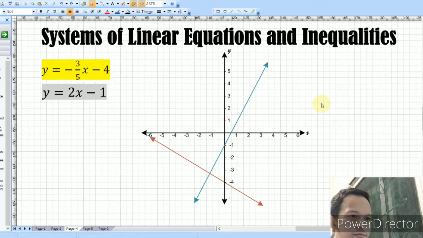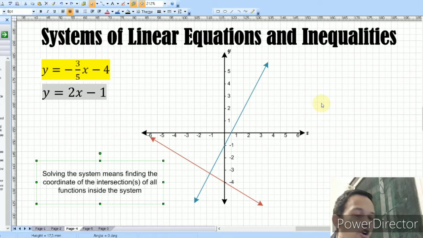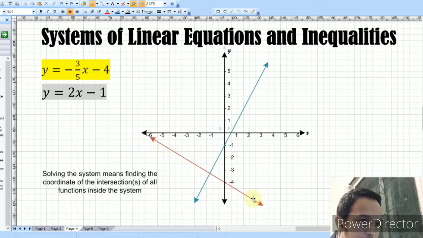Solving a system is our objective for this chapter. Solving a system means finding the coordinates of the intersections of all functions inside the system. These two lines have different ordered pairs, except at one point, the intersection, where they share the same ordered pair, which satisfies both equations, both functions in the system.